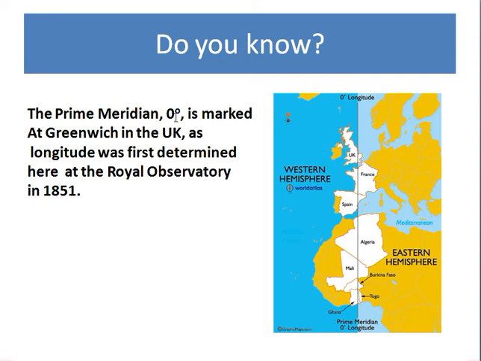The prime meridian 0 degree is marked at Greenwich in the UK, as longitude was first determined here at the Royal Observatory in 1851. Children, if we go back and look at the era of 1851, it was the time when the British were ruling more than half of the world.